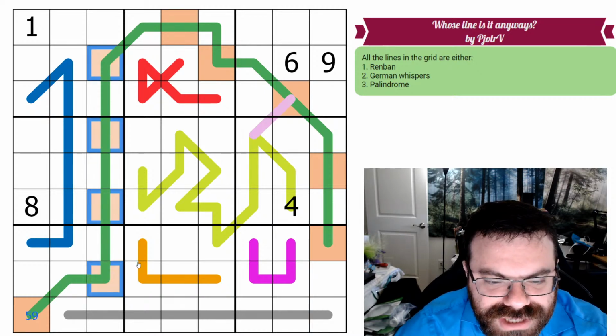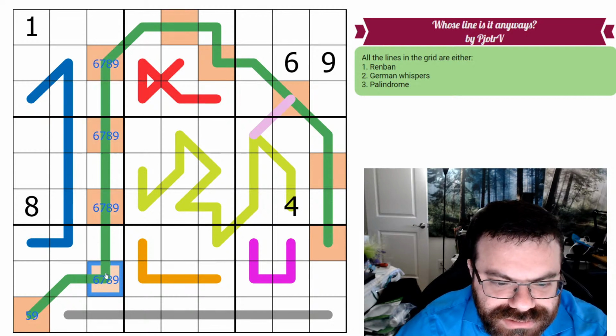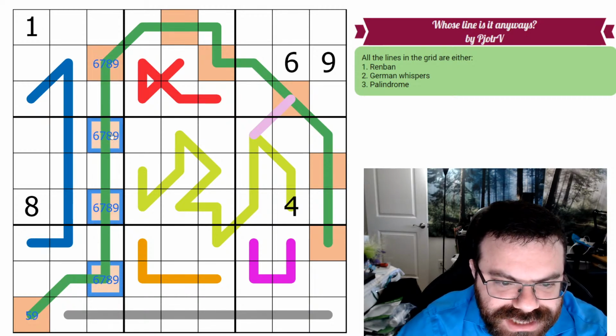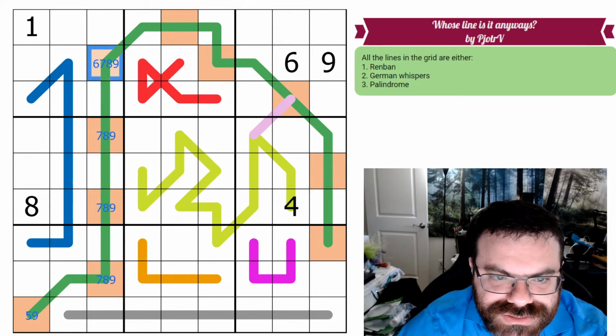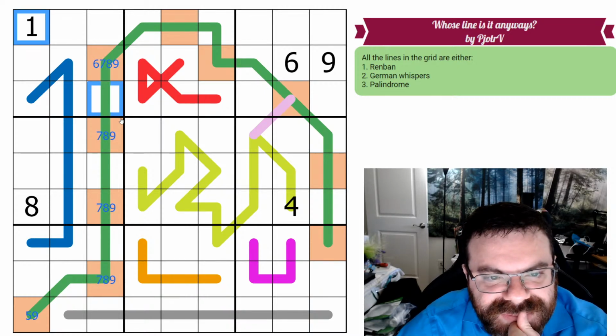Ah, there's 4. Oh, okay. I see. There's 4 larges in the column. That would make that 6, 7, 8, 9. These, that can't be 6, that can't be 6, that can't be 6. So this would be the 6. But this can't be 6 because it has a 1 in the box.